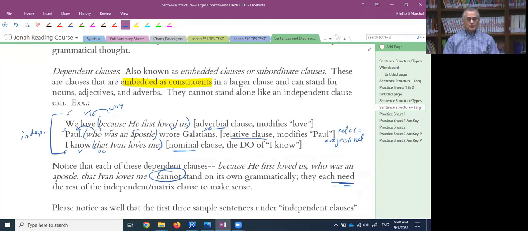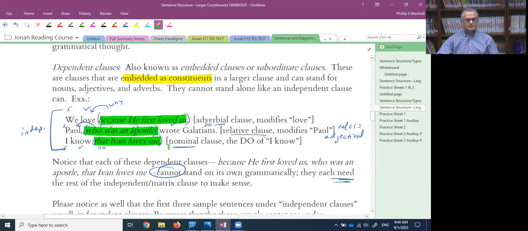If I say Paul, who was an apostle, wrote Galatians, that whole sentence can stand independently. The only thing that's dependent in any of this is what I'm highlighting in green, right? Those are the only clauses that are dependent.